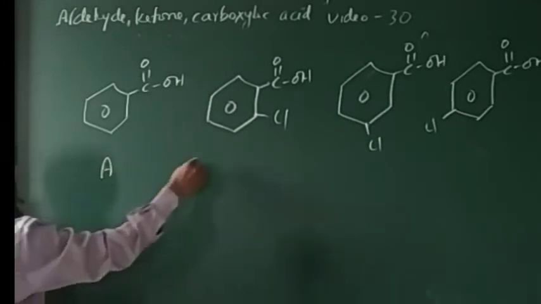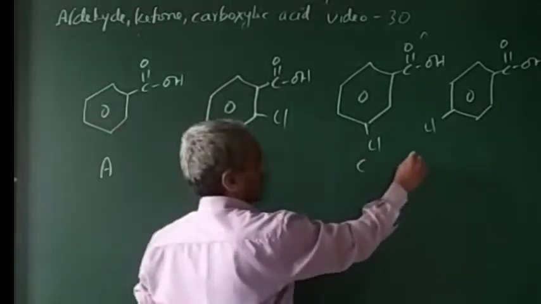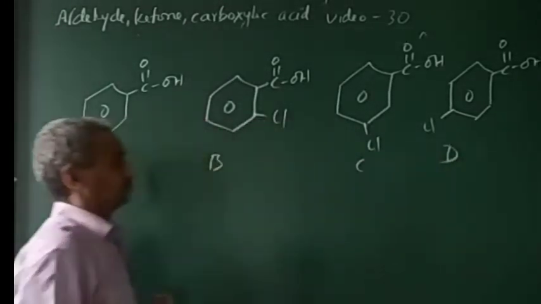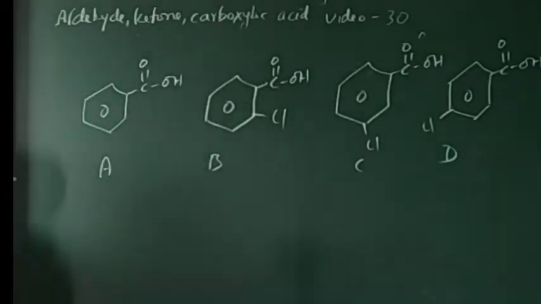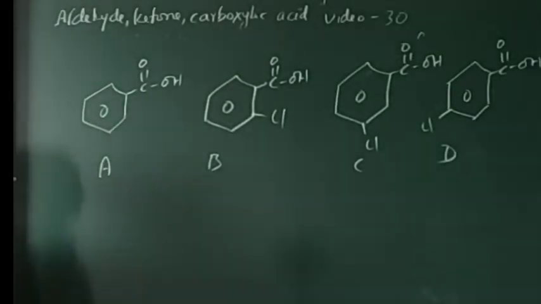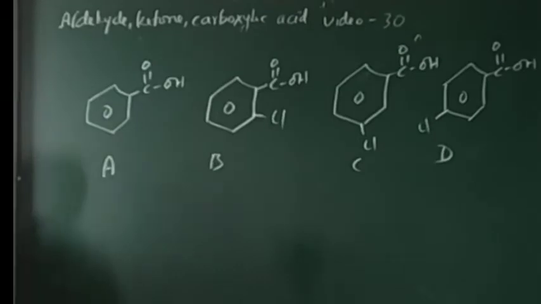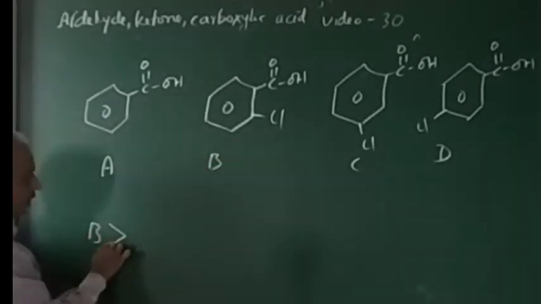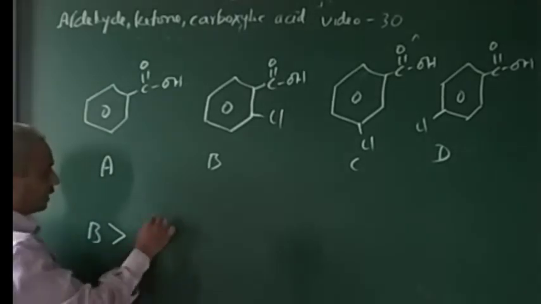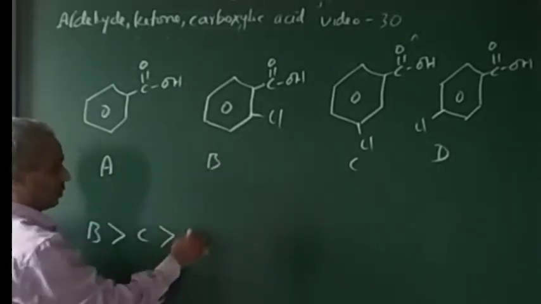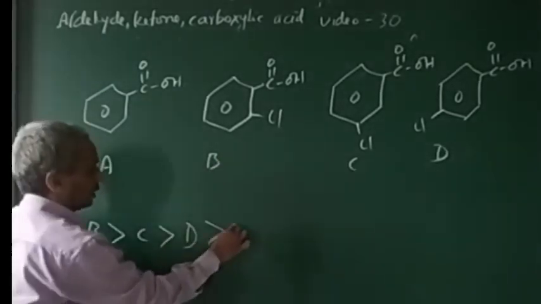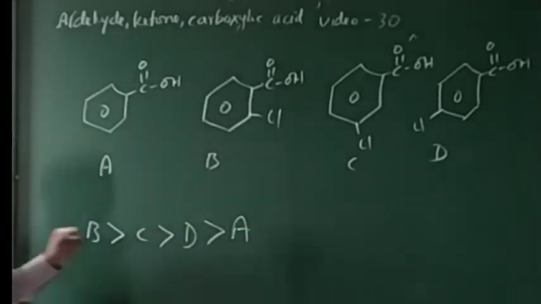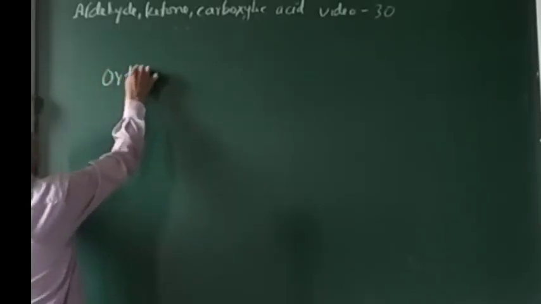A, B, C, D. What will be the order of acidic strength? See, ortho B greater than meta greater than para greater than without anything. This is the order.